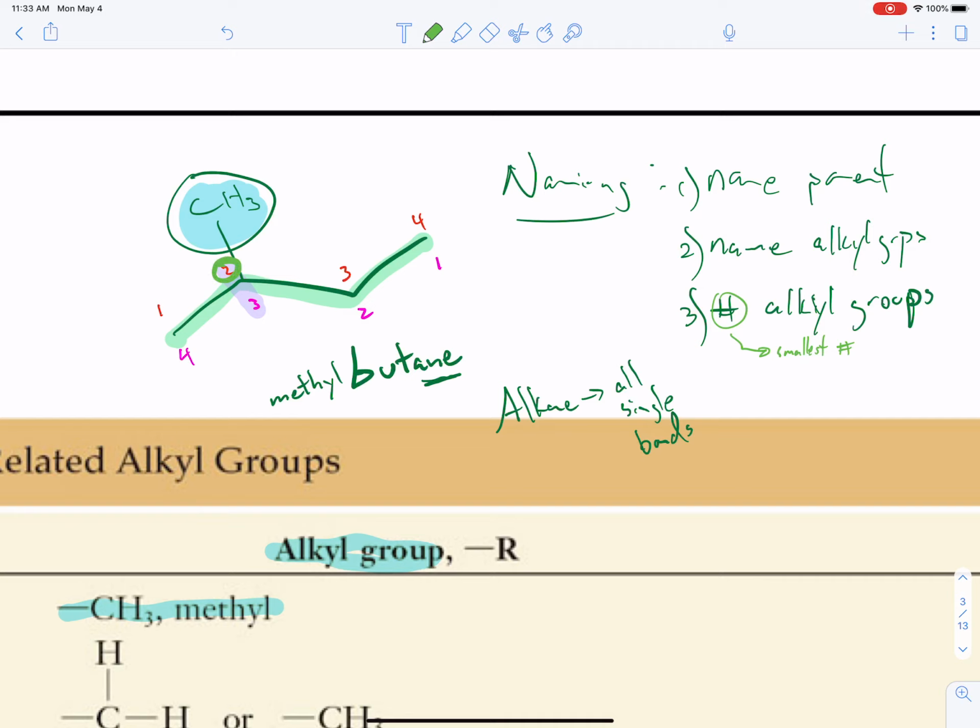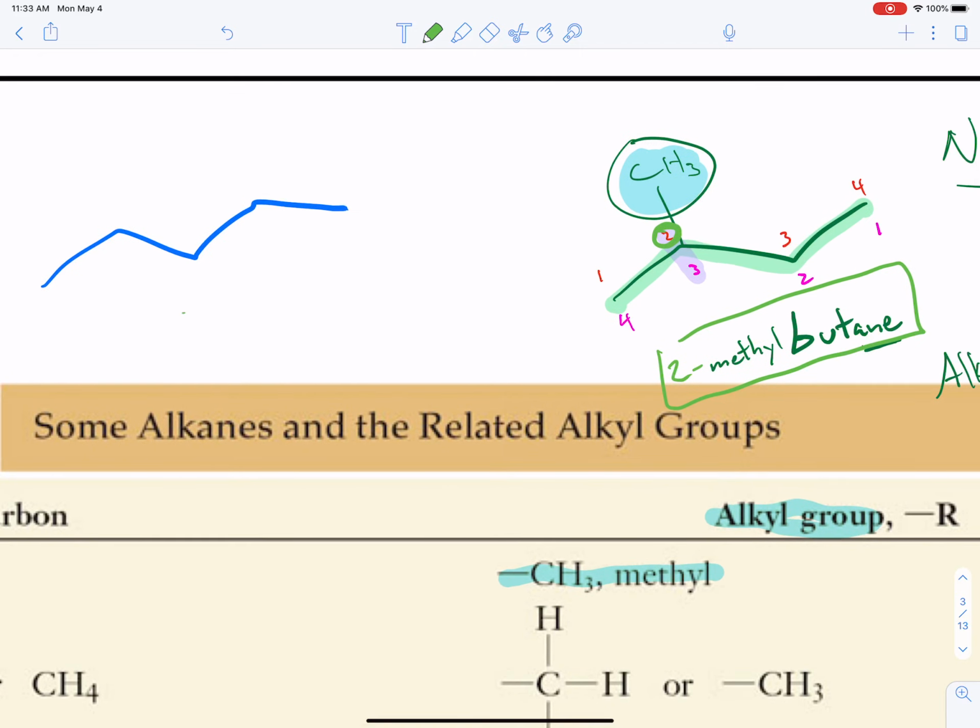So then what you do is you put a 2 and a dash in methylbutane. So the name of this compound now is 2-methylbutane. That's different than labeling something as pentane. And now we have a systematic way of naming these things. It's a lot better than hopping online and finding the top 100 names of 2020.